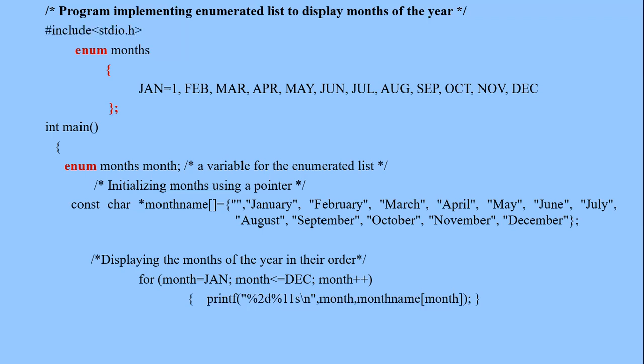Let me interpret it in a simplified manner. So first, initialize month with the first value for Jan in the element.